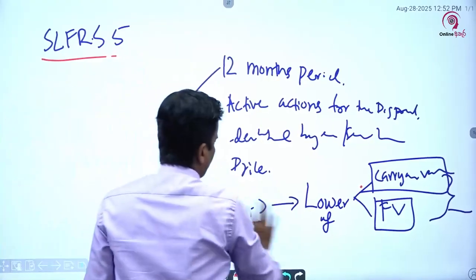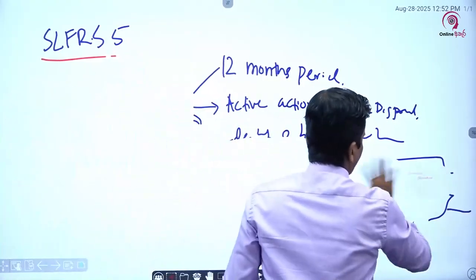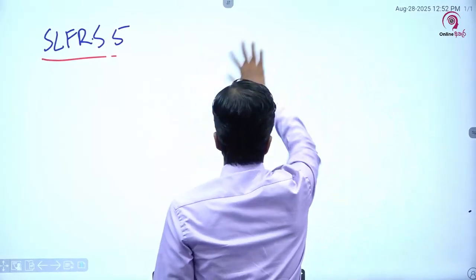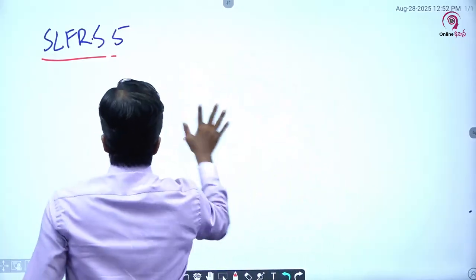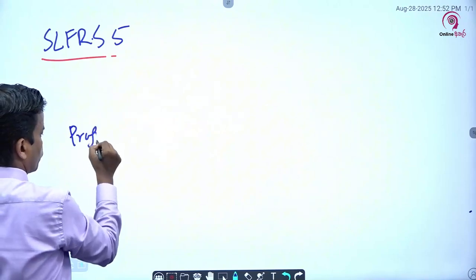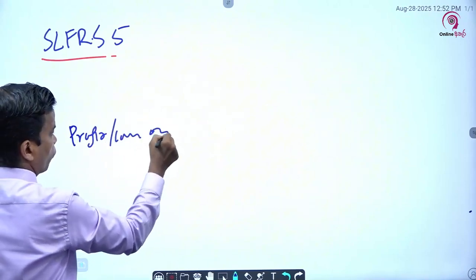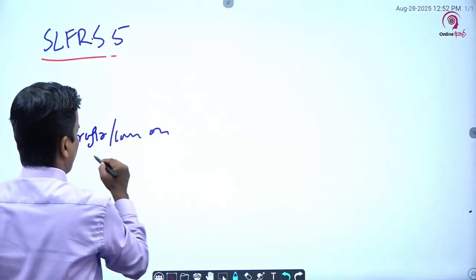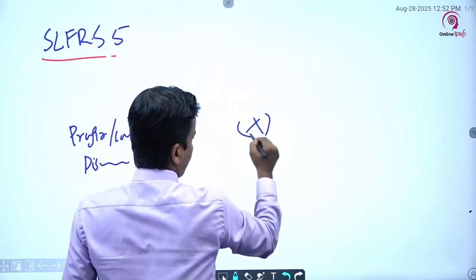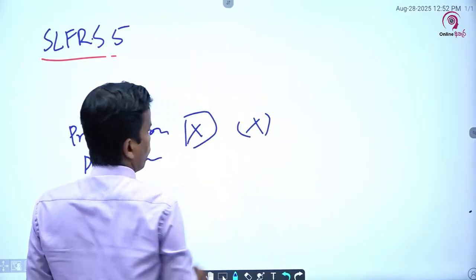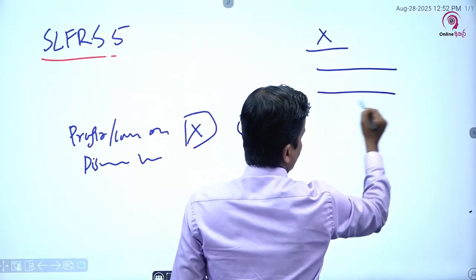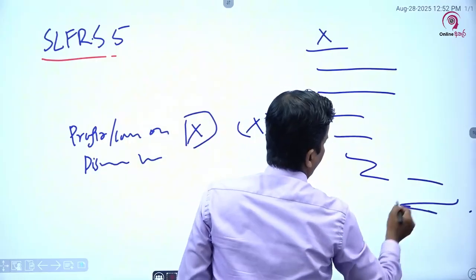When it comes to discontinued operation, I told you discontinued operation should be presented separately in the statement of comprehensive income before profit before tax. So what you do is, the profit or loss, of course a loss because that's why you discontinue, loss on discontinued operation in your P&L, you will have a line item and give a note number X. In note X you will have revenue, cost of sales and everything like a P&L, and you will have the amount.